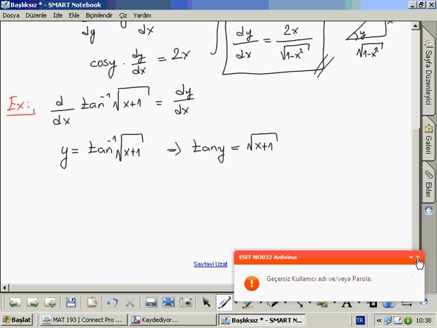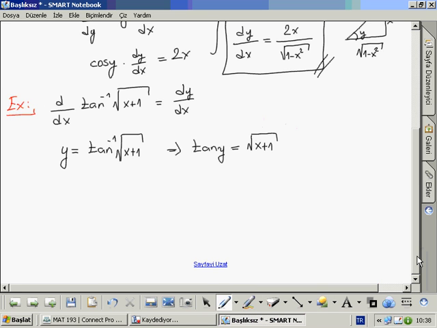After taking the derivative of both sides, you will obtain del over del x of tangent y equals del over del x of the square root of x plus 1. The derivative of tangent y will be secant squared y times del y over del x.